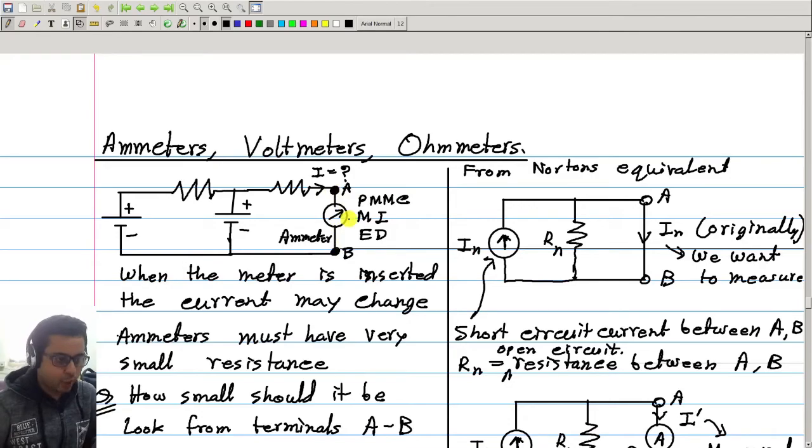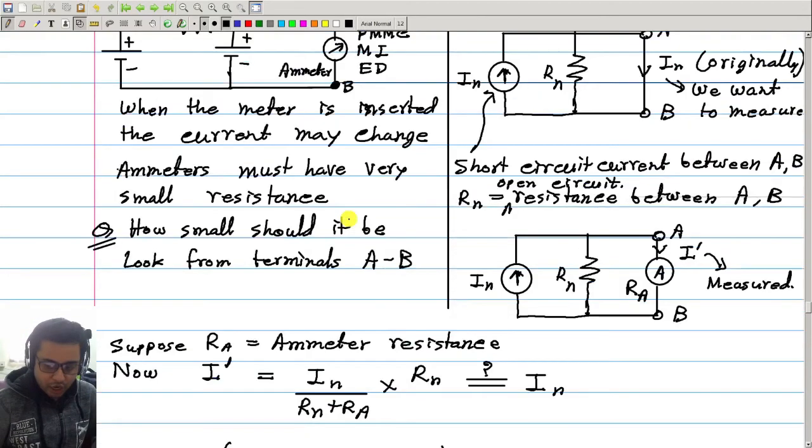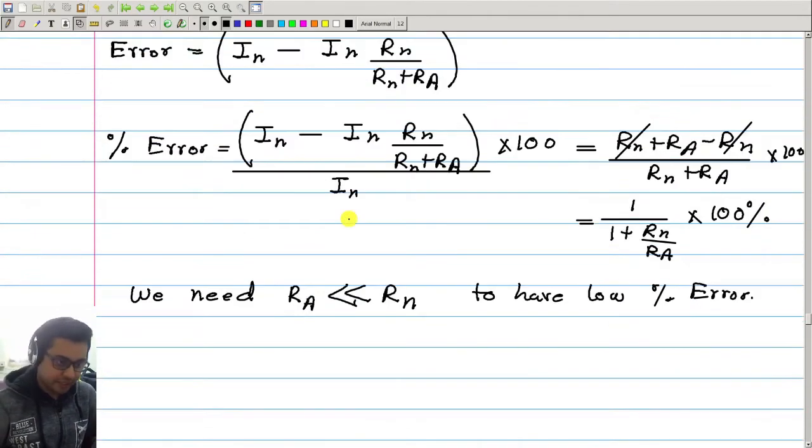Now, if I tell you that I want this error to be smaller than say 1%, then you should be able to calculate how large or how small Ra should be compared to Rn. I will leave that calculation for you as homework.